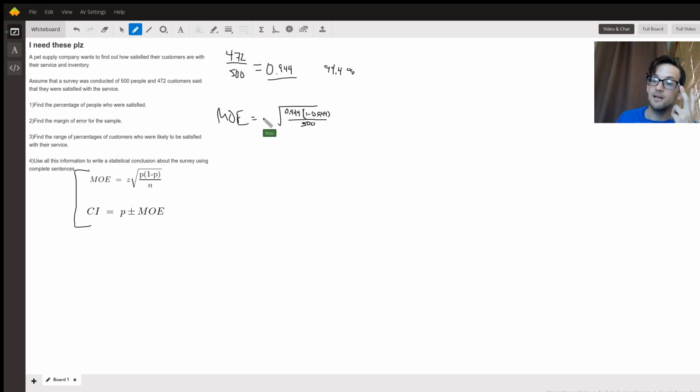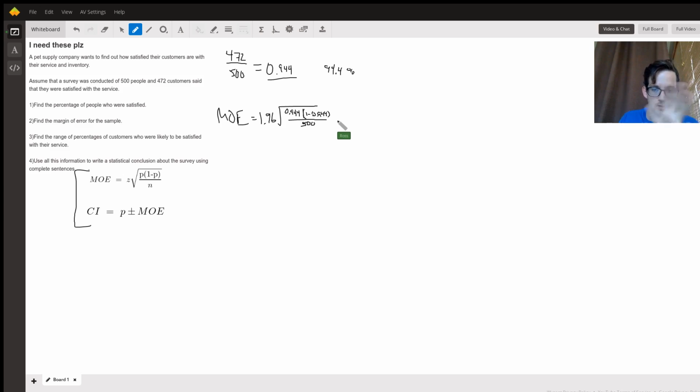This number, though, is not going to be 2. It's actually going to be 1.96. And that's because 2 standard deviations isn't actually exactly 95%. It's closer to about 1.96 to get that 95. So anytime you're doing a problem where you want 95% confidence, and oftentimes in a problem like this, that's the default, that Z is automatically going to be 1.96.